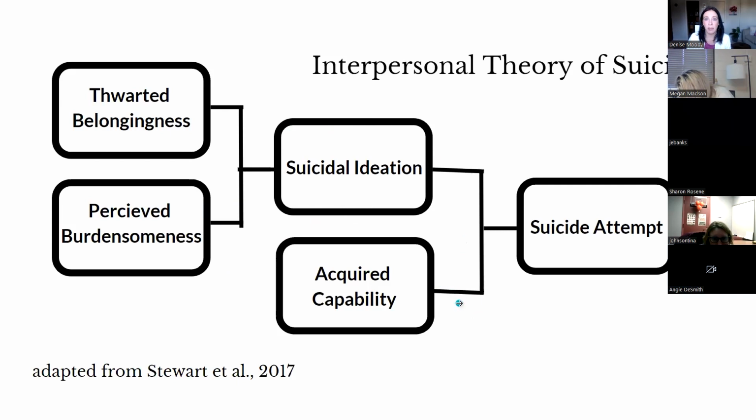It also can be, like we know in the risk factors, a death of a friend or the death of a loved one, or a suicide that happened in your school. It also can be non-suicidal self-injury. Non-suicidal self-injury isn't always a suicide attempt, but when you have suicidal ideation and non-suicidal self-injury, it can make them more likely for a suicide attempt.